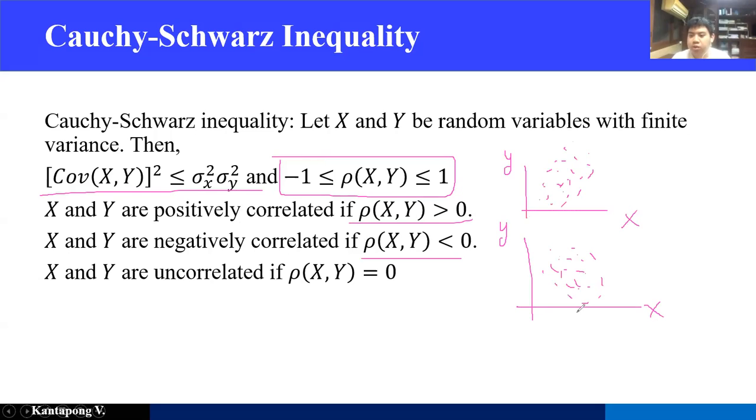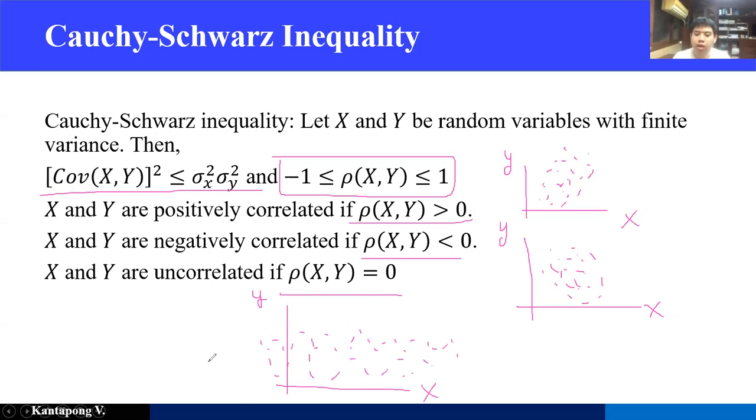And if X and Y are uncorrelated, rho XY is equal to 0, we may get something like this.